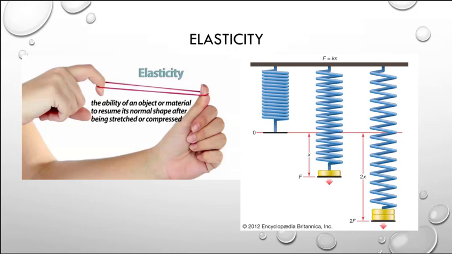So when it returns back to its original position, we will say the body has undergone an elastic deformation. But if it does not return back to its original position, we will say it has undergone a plastic deformation. So plastic deformation occurs when a material does not return back to its original position after a load or a force has been applied on it.